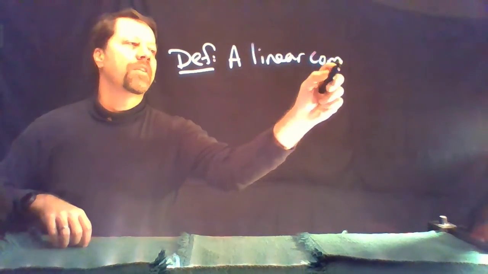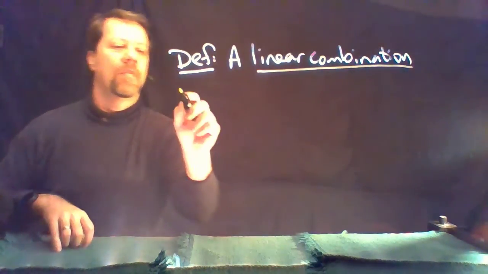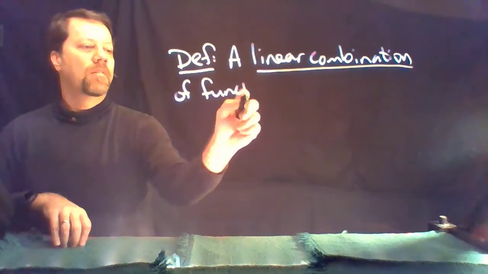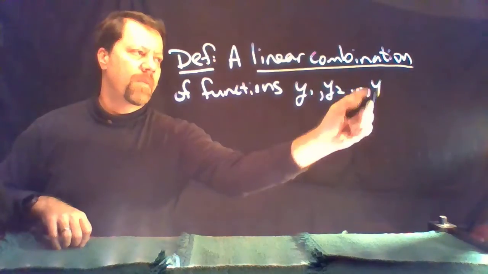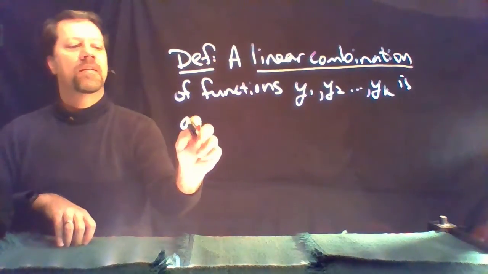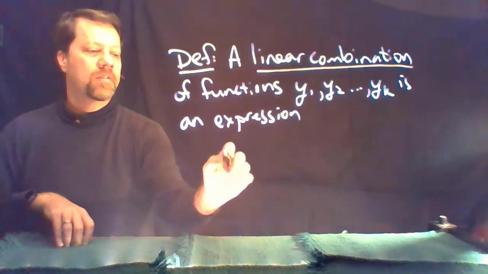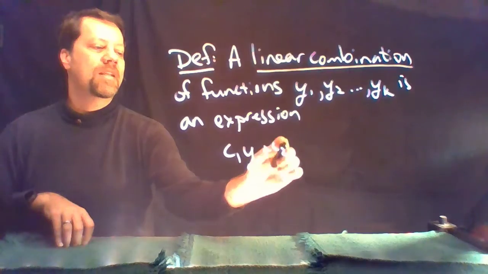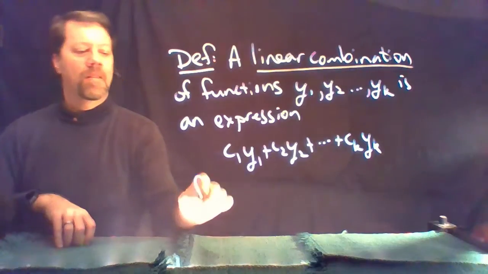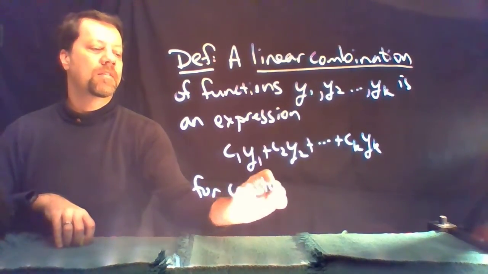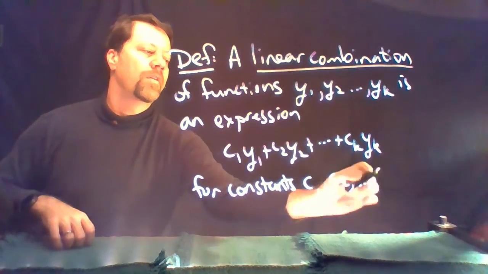A linear combination of functions y1, y2, up to maybe some yk, is an expression c1 y1 plus c2 y2 plus ck yk for constants c1, c2 through ck.